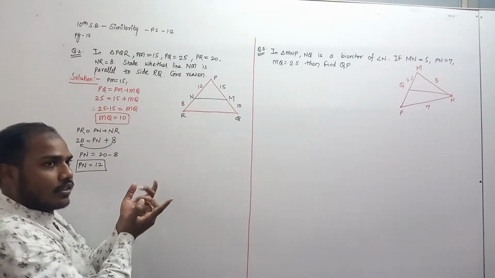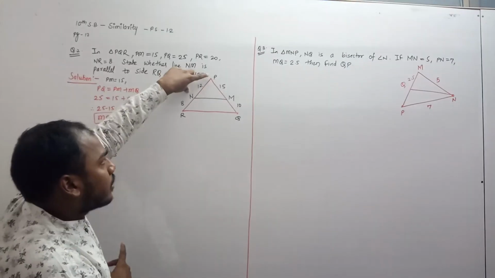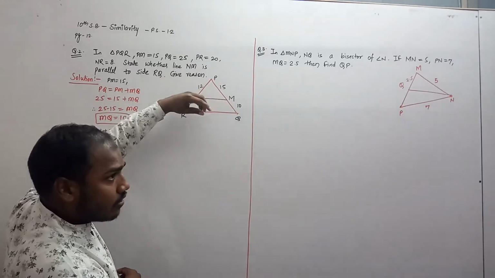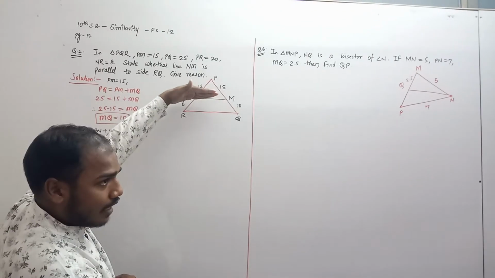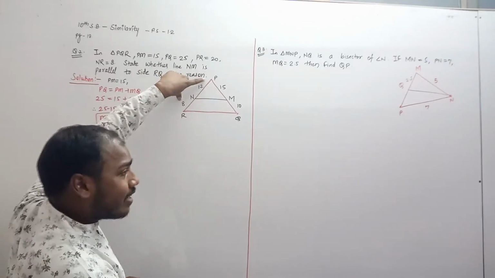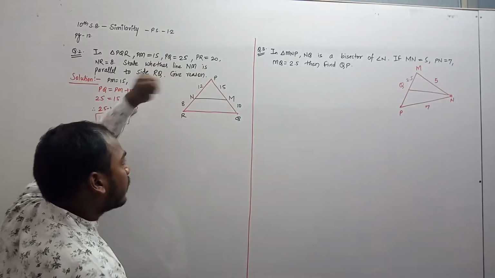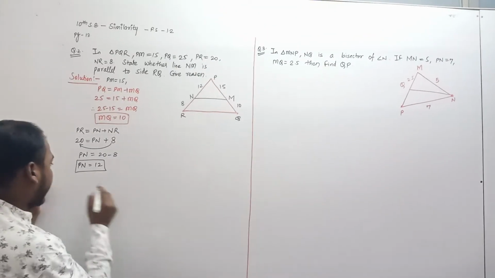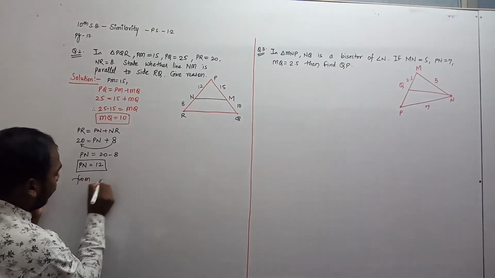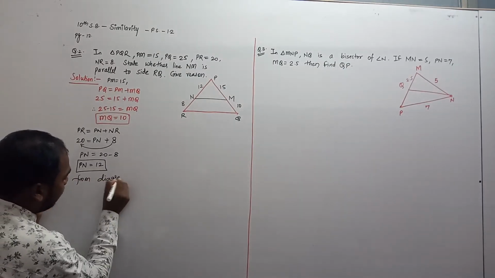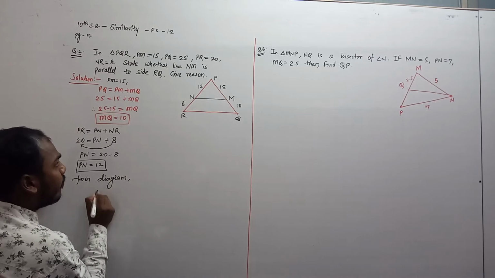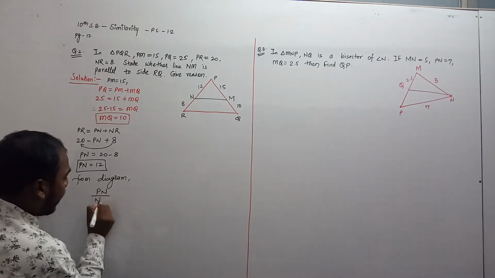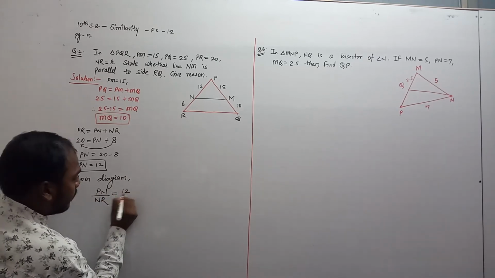Very simple. If we go for the BPT theorem, a line dividing two sides of a triangle, parallel to the third side, divides the remaining two sides in equal ratios. So from the diagram we write PN divided by NR, which becomes 12 divided by 8.